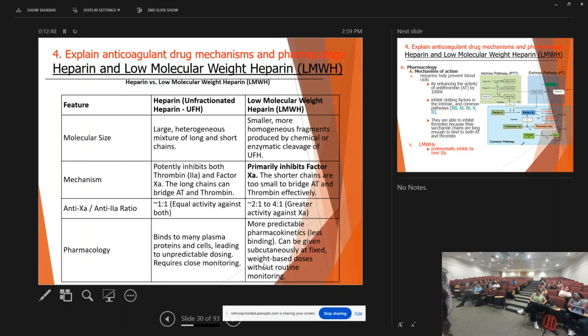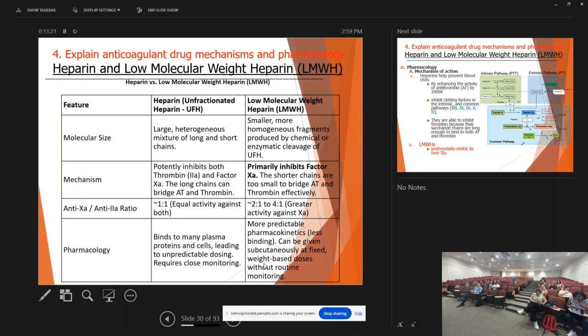The mechanism is where the difference exists, right? This one inhibits both thrombin and factor 10A. And also these long chains that are found in heparin can form a bridge, the antithrombin bridge, and also thrombin, okay? So it inhibits both, basically, thrombin and also factor 10A. Whereas in this case, the low molecular weight one primarily inhibits factor 10A.